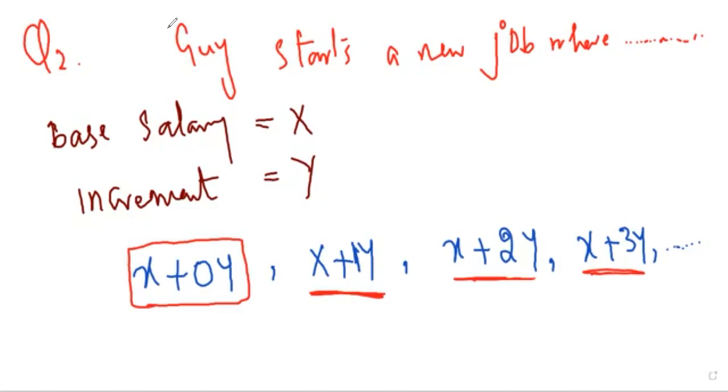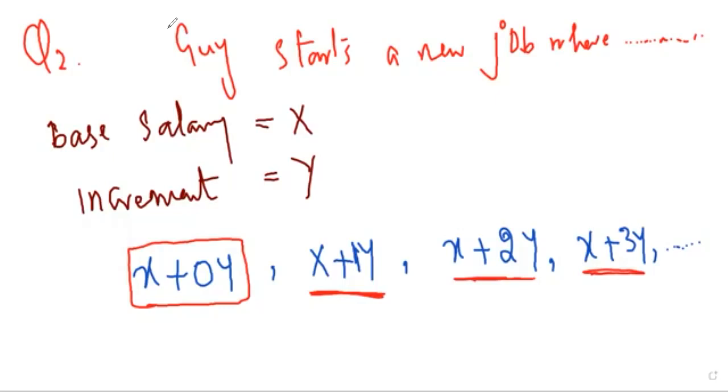So in part A, it states that given that at the end of Z years, may be 3, 5, 7, 8, 9, 10 years, the guy will have earned 367,200.